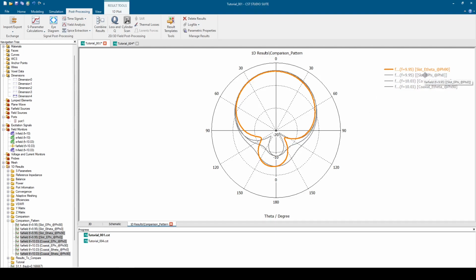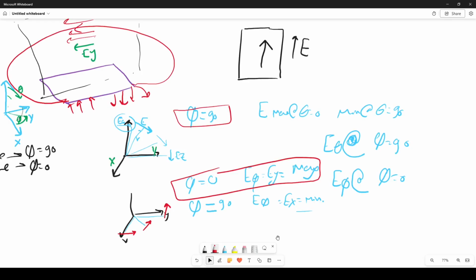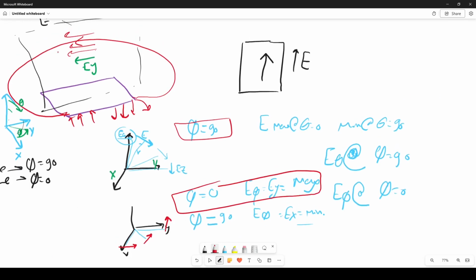There is also another observation about the fields generally in the same antenna type: E theta goes to 0 more than E phi. The reason is that this component in this plane goes to 0 because of the radiation itself.